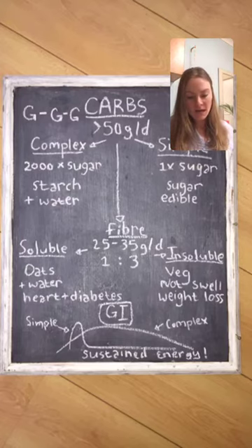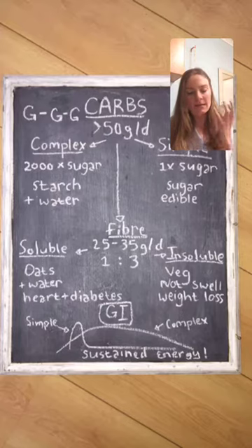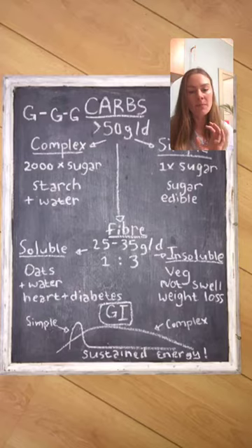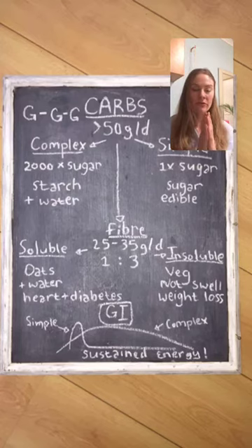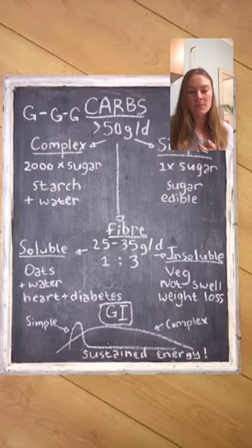And the reason why it's stuck together like that is because normally your complex carbs you get in the cell structure of a plant. So for instance, the outside of your plant needs to be like a hard structure in order for your plant to not bend over and it performs a structural role.